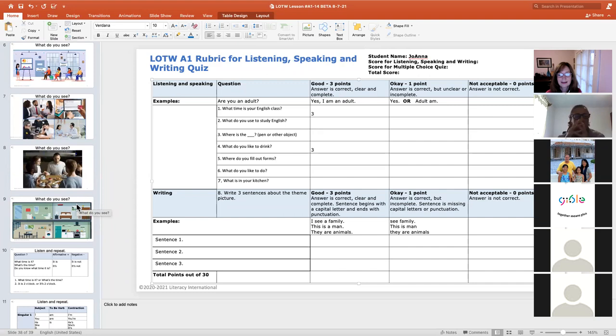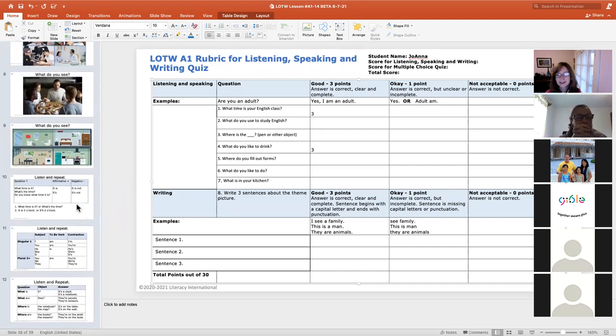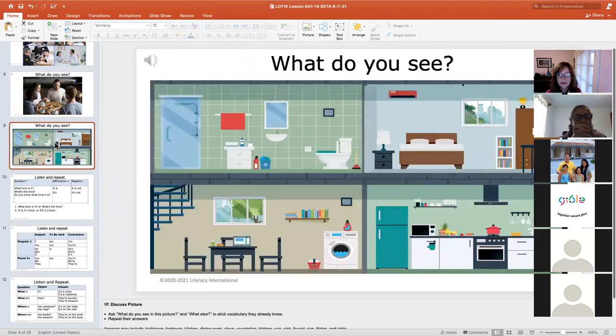You could even give different ones to different students if you wanted, but usually I just pick one theme picture. So I'm going to show this theme picture, and then you ask the student to write 3 sentences about it. So Kimberly, what are 3 sentences you might write about this picture?